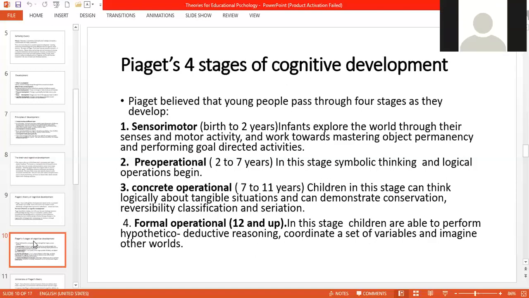It is sensory motor, a stage between birth and 2 years.